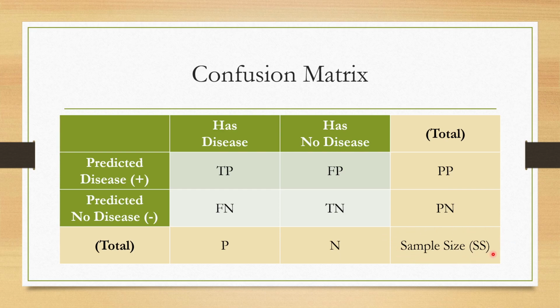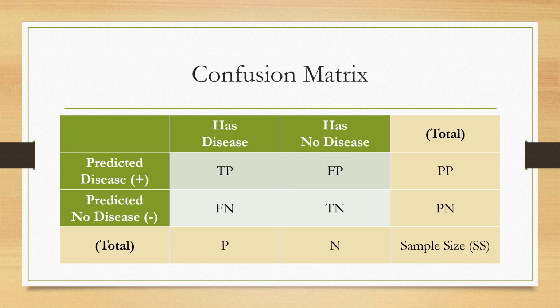One thing is that the sample size, which we typically write as N, I didn't write as N here because I didn't want to get it confused with the N, the total number of individuals who do not have the disease. So I'm using SS to represent sample size. When we get to our main contingency table, we will change that notation slightly. So just a heads up on that.